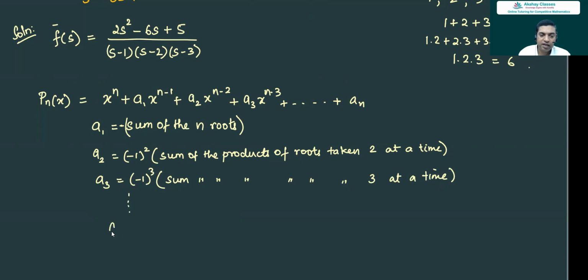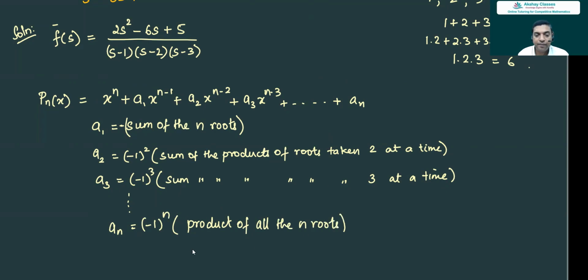Like that, an is minus 1 to the power n. Now, there will not be sum of the products because the last term will be product of all roots. The previous term will be sum of the products of the roots taken n minus 1 at a time.